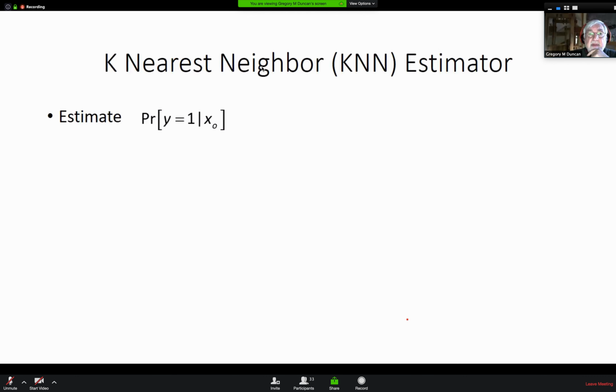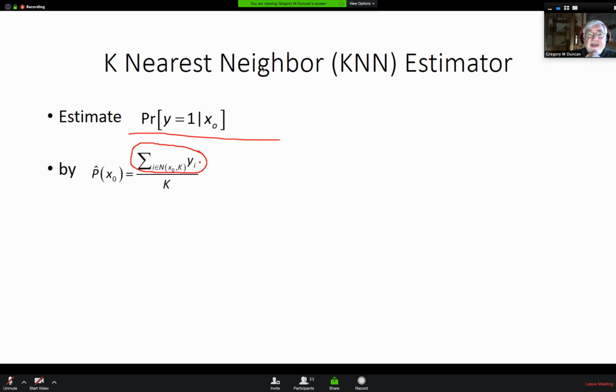And I'm going to estimate this probability. How? Let me sum up the y's for those k nearest neighbors and divide by k. So this is the average number of purchases of big screen TVs for the k nearest neighbors to x0.